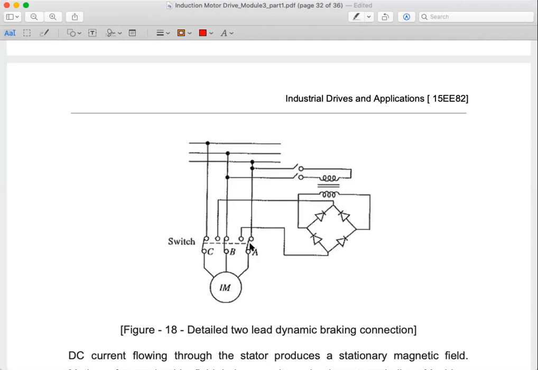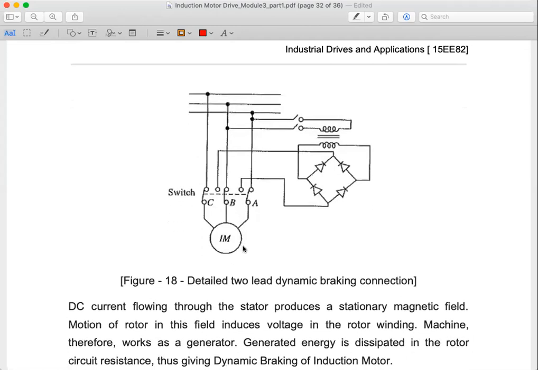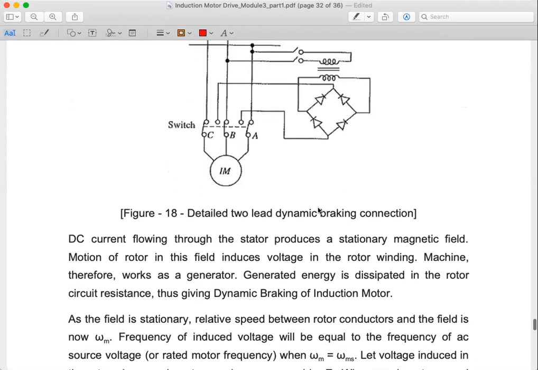So DC supply is connected between A and B. Now, when this DC current is applied, DC current flows through the stator, so it produces a stationary magnetic field. When AC is supplied, it will produce a rotating magnetic field. Here it is a DC current which is supplied, so it will produce a stationary magnetic field.